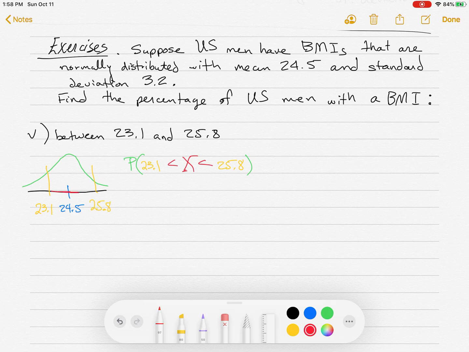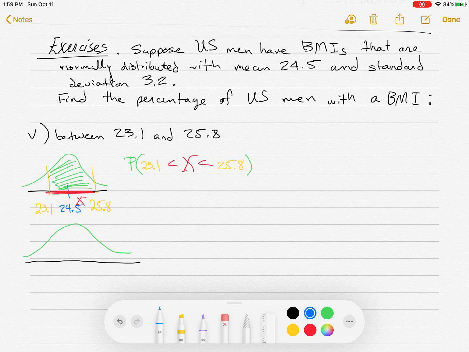To the left of that you have 23.1, and to the right, 25.8. You want your random BMI to be in between those. That means you have to find the area under this curve between 23.1 and 25.8.